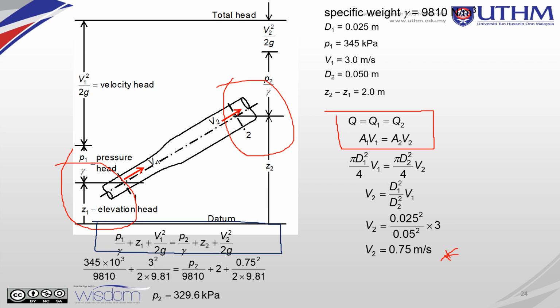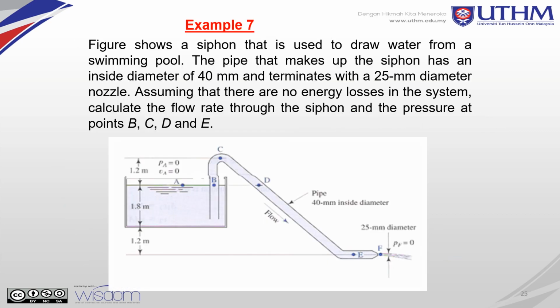Step 1, use the continuity equation. Step 2, use the Bernoulli equation. Just put all the values into these equations, and you get pressure 2 is 329.6 kilopascal.